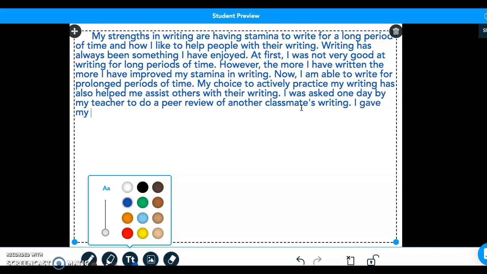I gave my classmate written feedback on their writing, and they took my feedback.